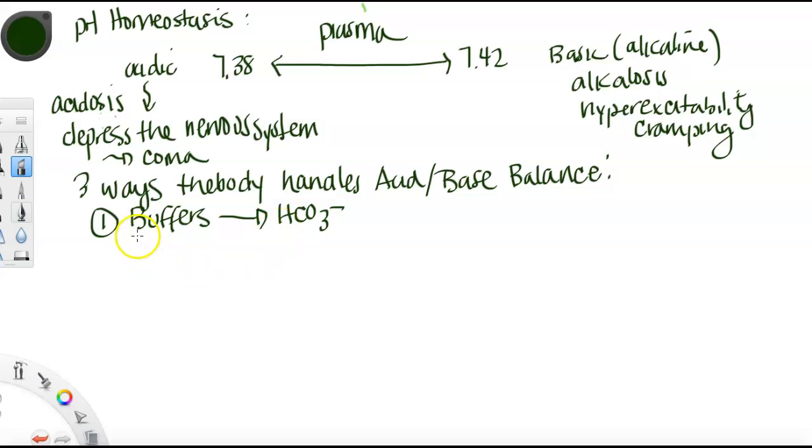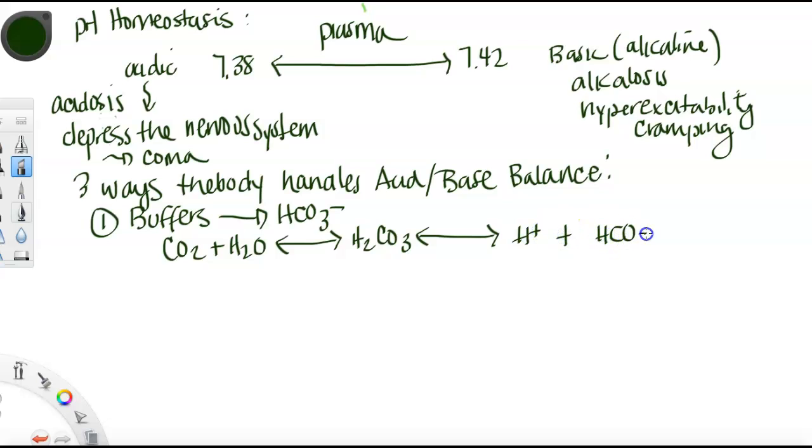If you remember, there was this little equation we've looked at several times where we have carbon dioxide plus water yields H2CO3, which is carbonic acid. And that can be broken down into hydrogens and bicarbonate.